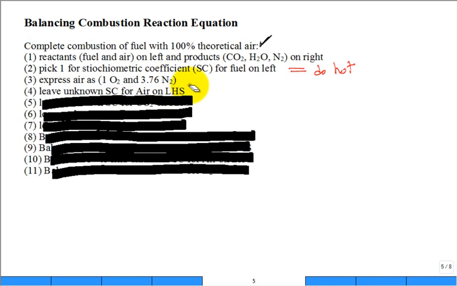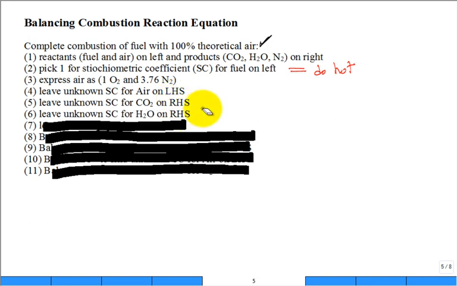Leave a place for a stoichiometric coefficient in front of the combination of the air, so that if you bring it up, the nitrogen goes up with it, even in that parentheses. Leave an unknown stoichiometric coefficient in front of the carbon dioxide, in front of the water, and in front of either the 3.76 nitrogen or just the whole thing.